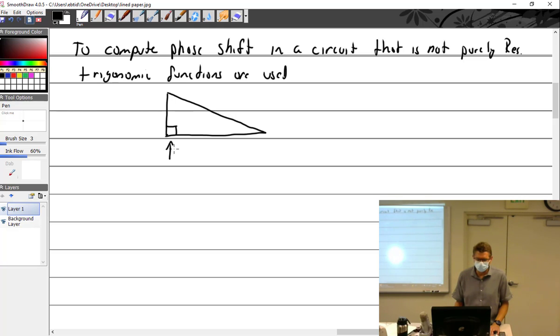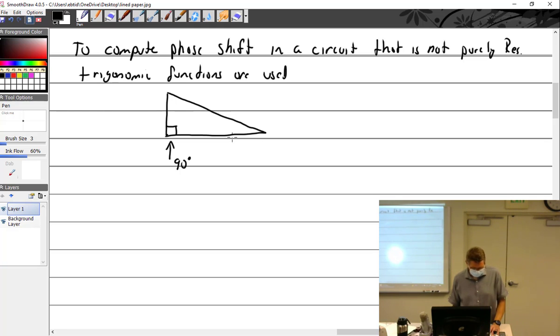This angle right there is always going to be 90 degrees. That's what a right triangle is called. And given a second angle, the third is easily found. If I knew this angle was 45, then I know this one over here is 45, because they're all going to equal 180. The total of all the angles is 180.